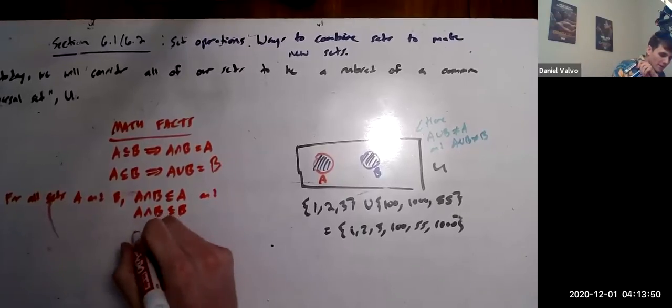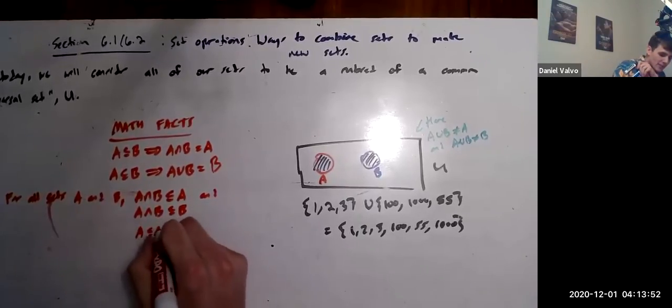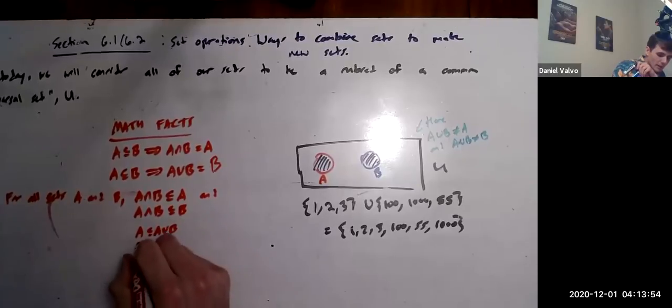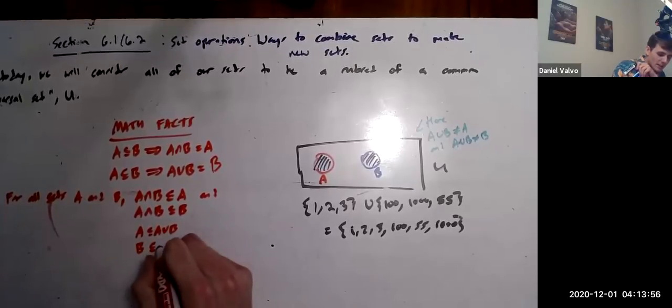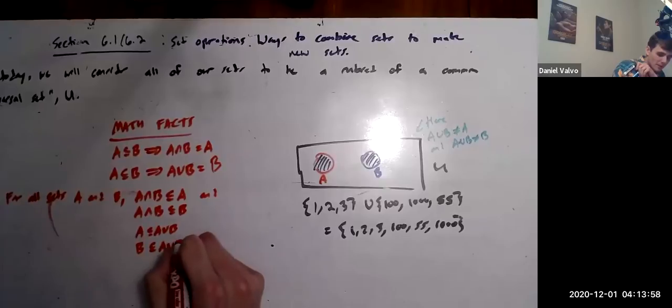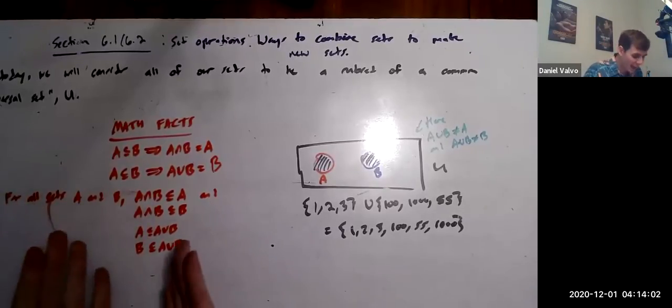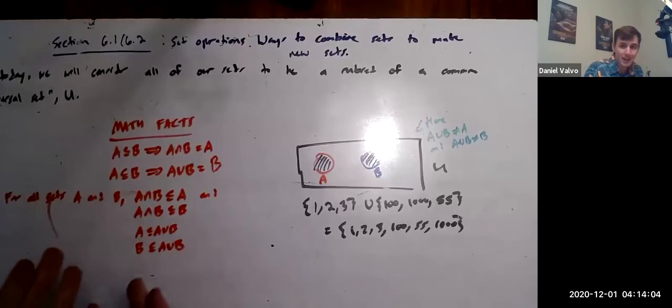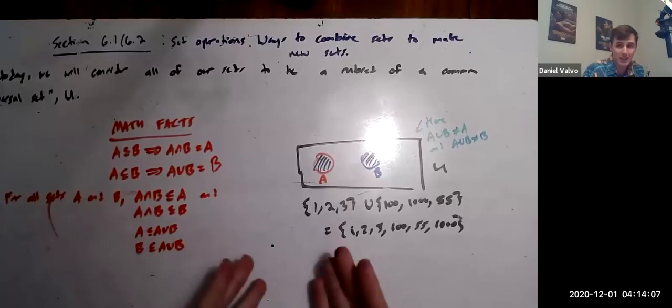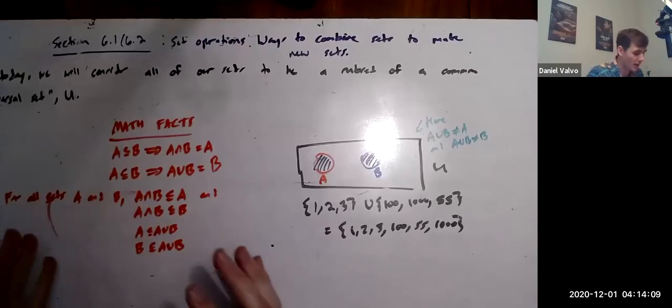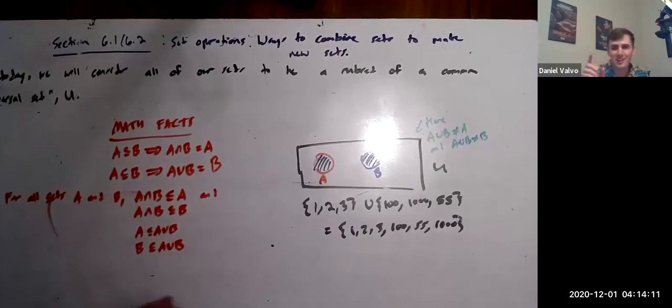We also have that A is a subset of A union B, and B is a subset of A union B. Because once again, A union B is everything in A or B, not everything in both of them, but both of the sets combined.